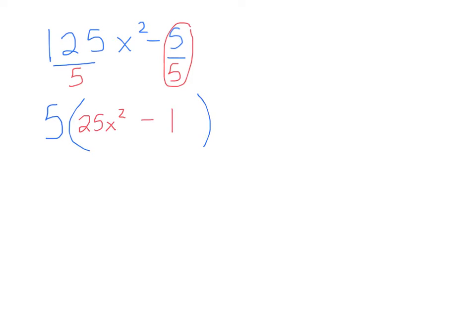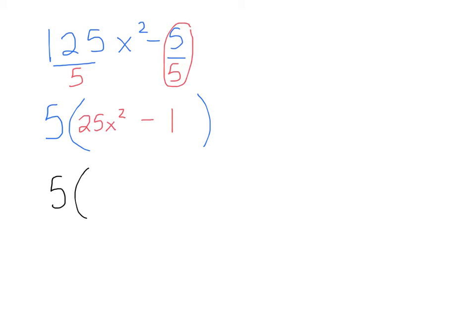Yeah. Now, let's look at what we have remaining. Is 25x squared a perfect square? Yes. Is 1 a perfect square? It is, because the square root of 1 is not a decimal. And is there a minus sign in the middle? Okay, so you can factor this as a difference of squares.